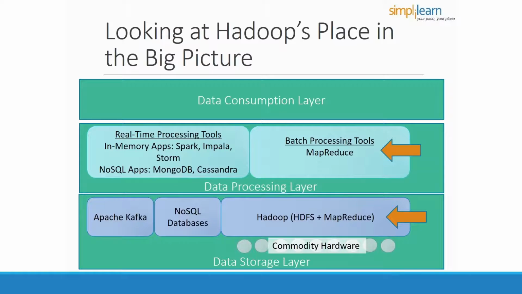So we're going to look here at where does Hadoop fall within the big picture. Of course, it's going to fall within the data storage layer with the HDFS acting as the file system storing data, and MapReduce doing the processing work. So it's on the data storage and data processing layer.